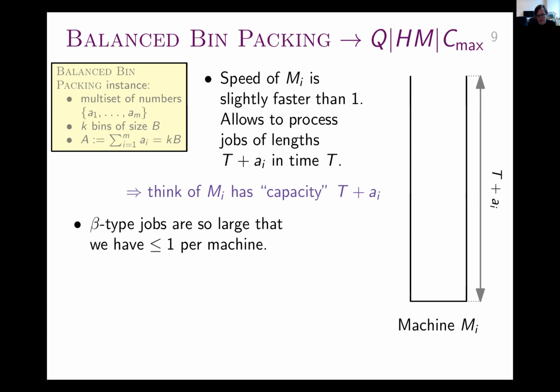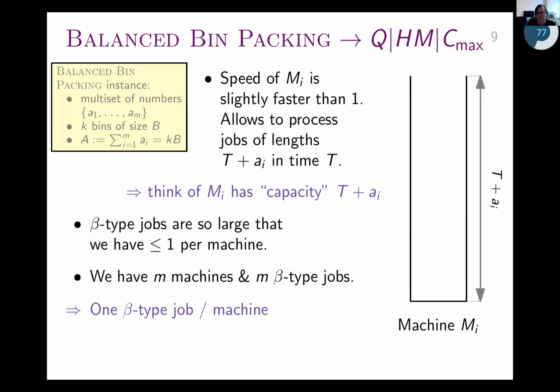Now, beta type jobs are so large that we have at most one per machine. Okay, and because we have m machines and we have m beta type jobs, we know that we will have exactly one beta type job per machine. So this is easy, and the beta type jobs, their size is set such that the remaining capacity on this machine is a times tj plus ai.